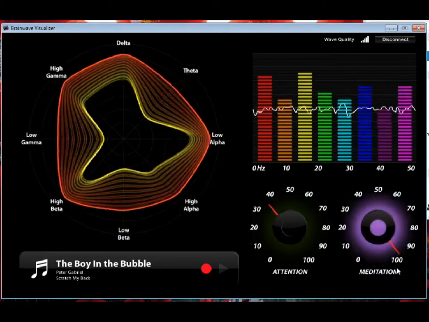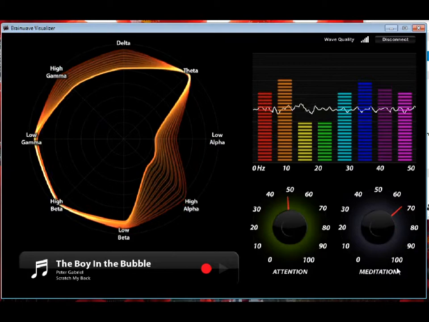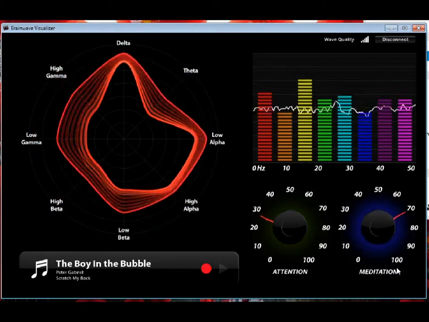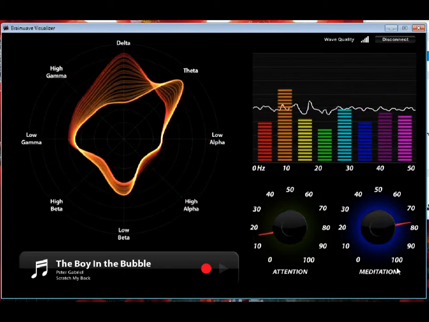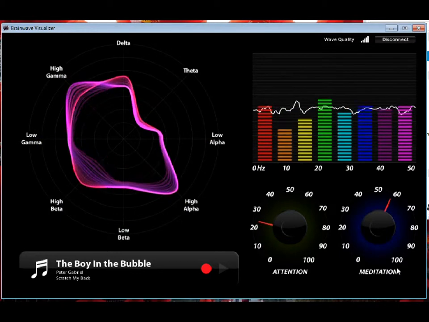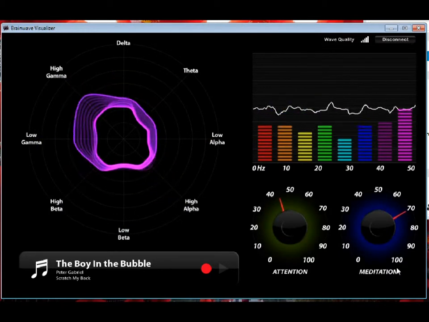Now, attention is real easy to do too. For the little time I've had it, I've been able to push the attention ranges way up into the 90% range. One of the things I'm hoping to study out of this is what's the best pattern.